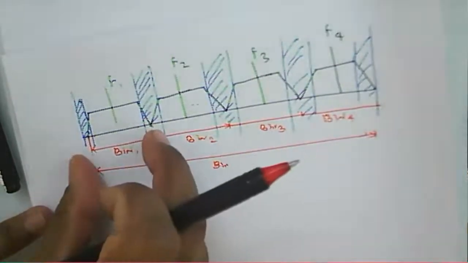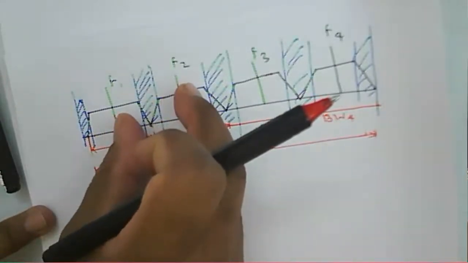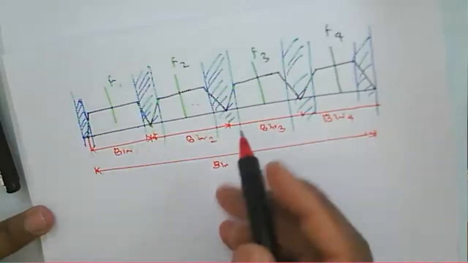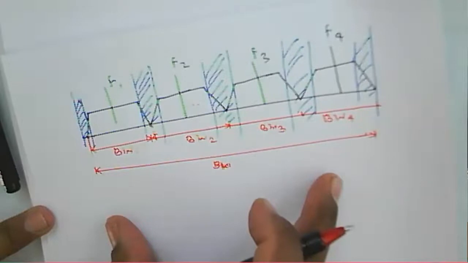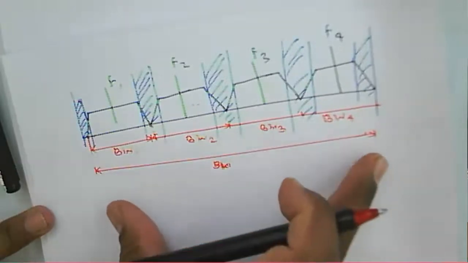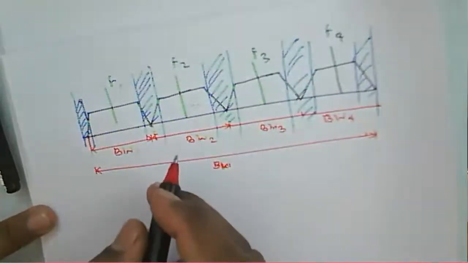But because of the guard band, the available bandwidths are not used efficiently.